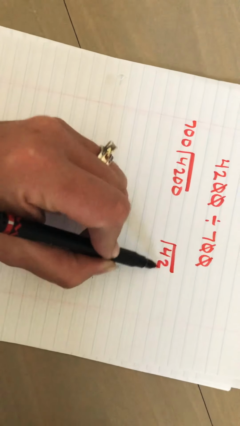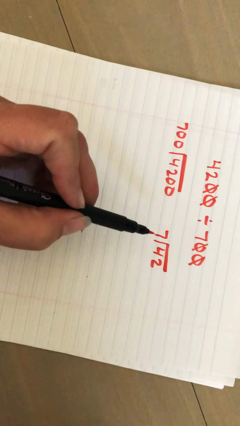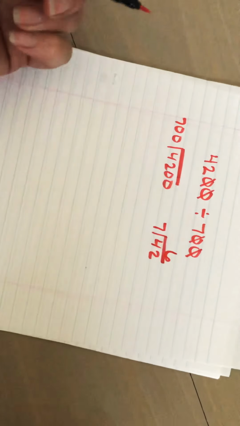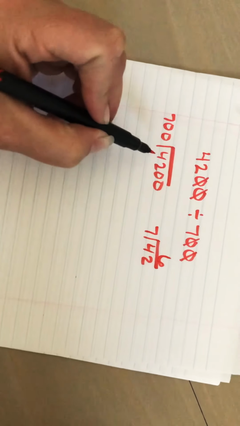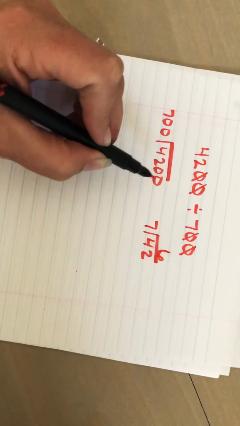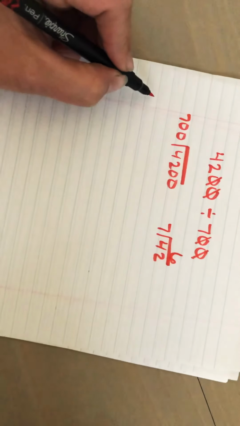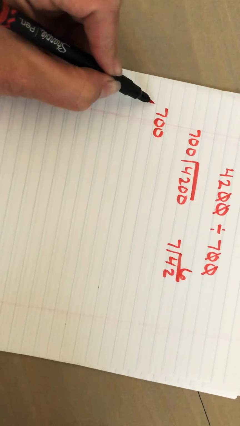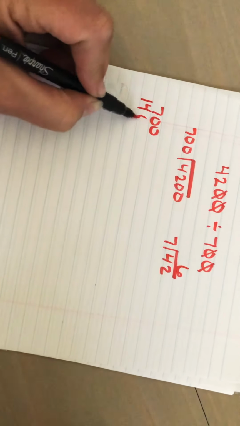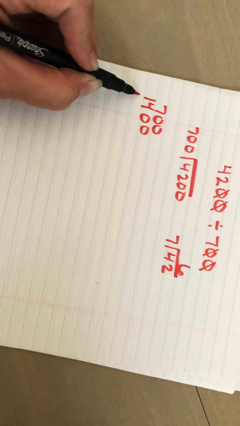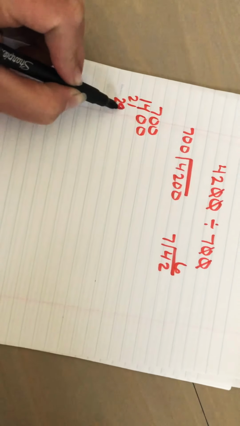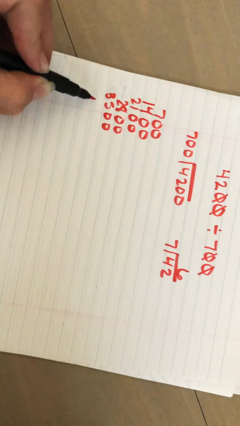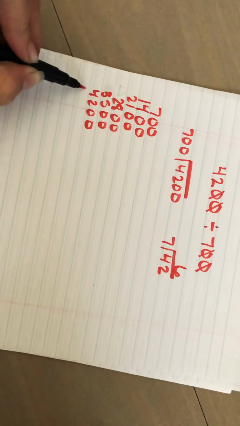Okay, so 42, 7 can go into 42 6 times. Over here, I'd have to figure it out to say, well, I don't know how many times. You'd have to do your multiples of 700, but again, my multiples of 700 are the same as my multiples of 7, just with 2 zeros, right? 7, 14, 21, 28, 35, 42, 49.